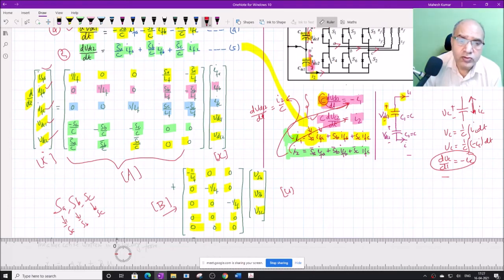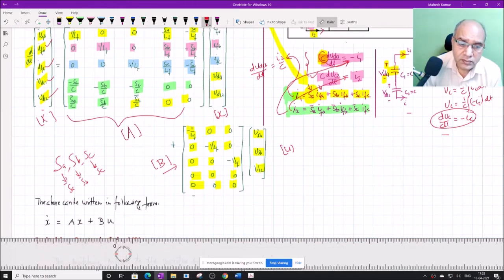Correct? So how are these switching functions solved? Obviously, the switching variables have to be computed based on the status of the inverter, based on some switching control, such that the output currents of the inverter closely follow the reference currents.